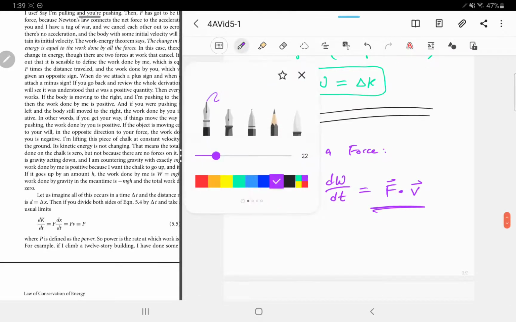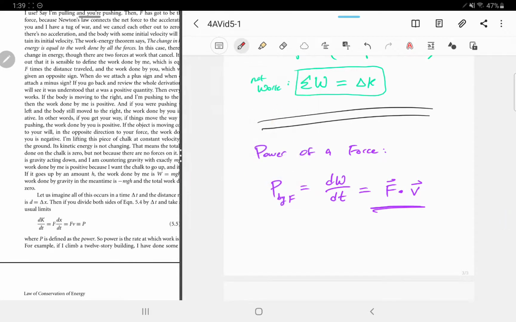So the units here are different, right? It's joules per second. So the dimensions are power. And the SI units are something we call watts. So this is a joule divided by a second, right? Just looking at this equation, it has to be the units for energy divided by the units for time. It's joules divided by seconds, and that's called watts, capital W. So the SI unit for power is watts.